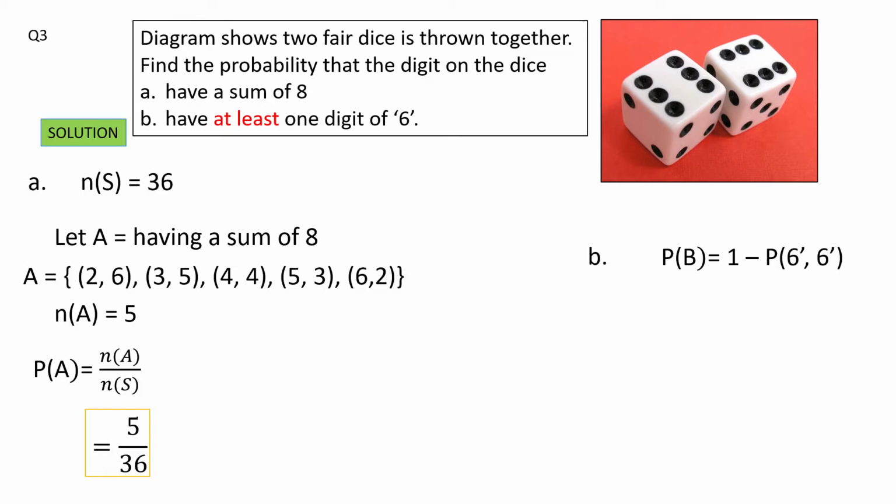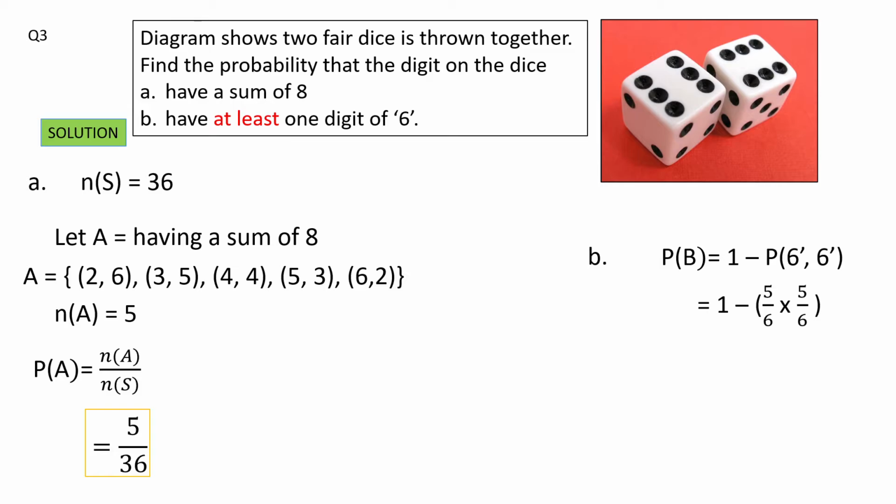So here, let's say B as having at least one digit of 6. Therefore, probability B equals 1 minus the probability of not getting digit 6 for the first time and not getting digit 6 for the second time. Okay, so here not getting digit 6 means you might get 1, 2, 3, 4, 5.